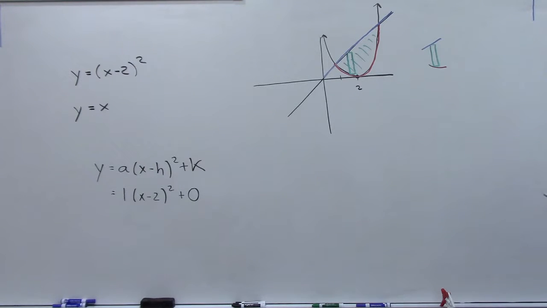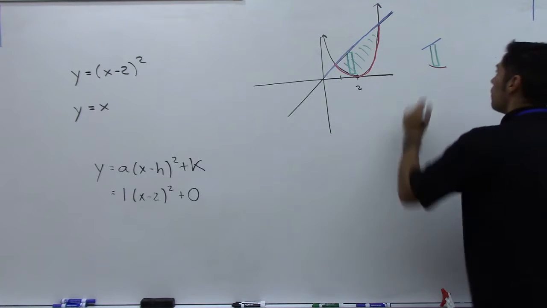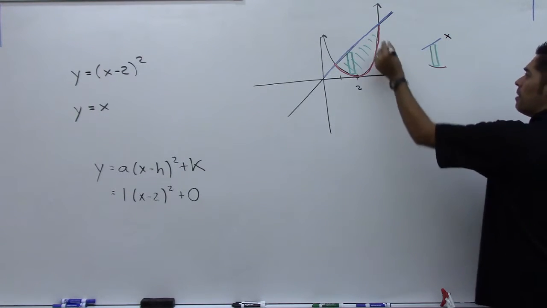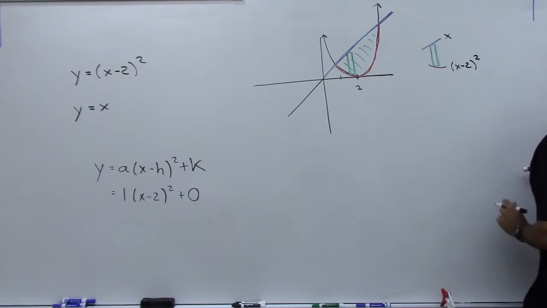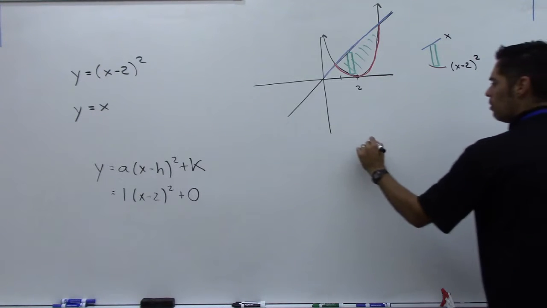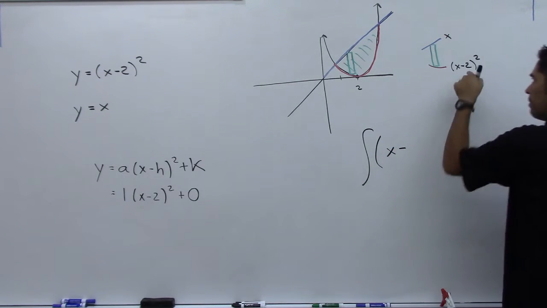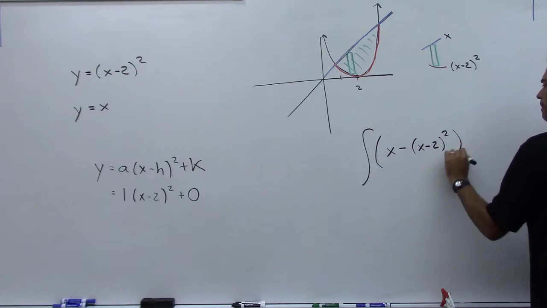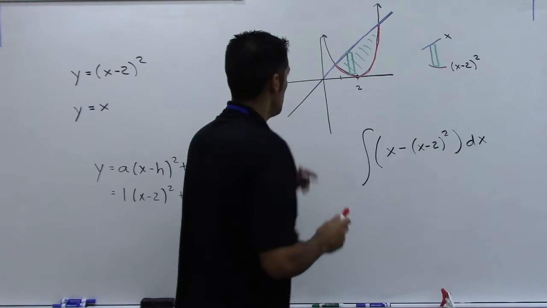It's always those two functions. So my top function is y equals x, so just x. The bottom function is the parabola, which is (x minus 2) squared. So I know in my integral already, I'm going to have the top function x minus the bottom function, (x minus 2) squared dx. I just need to now resolve where this region starts and stops.